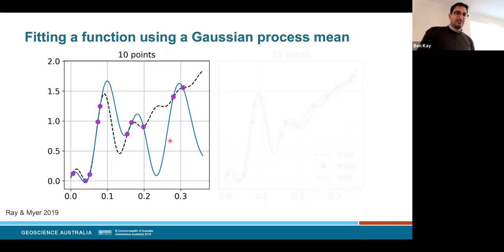So if you've got a function with some values between 0 and 2 on this axis, and it extends in some domain between 0 and 0.4 on this axis, then the true function is given by this dashed black line. I can sample it at a few points, these magenta points.